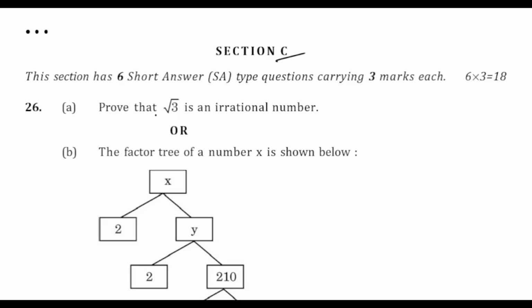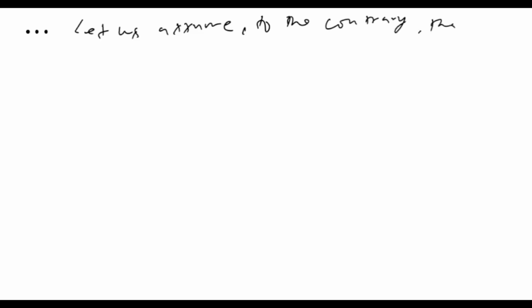Here the first question is: prove that root 3 is an irrational number. I am going to solve this on a blank page. So let's assume the contrary, that root 3 is a rational number.